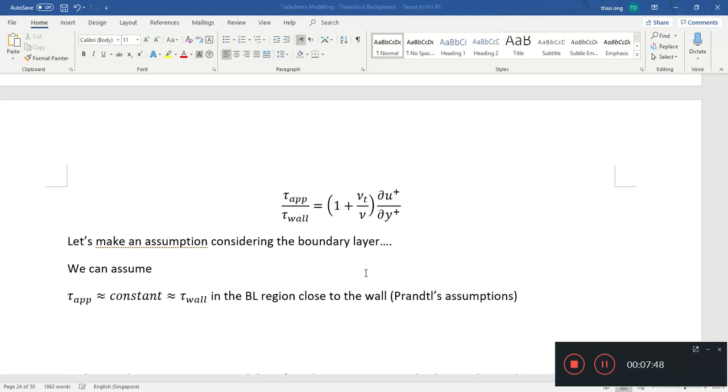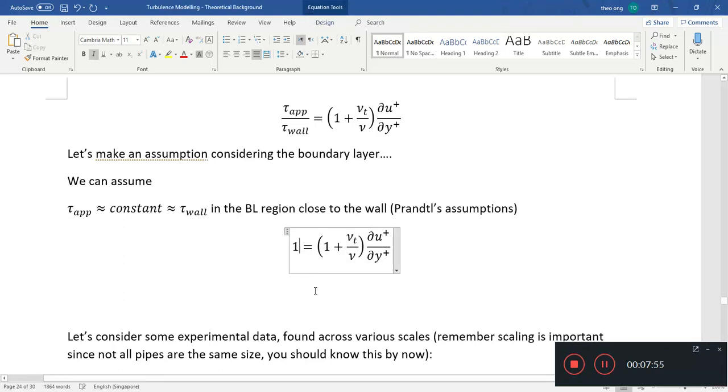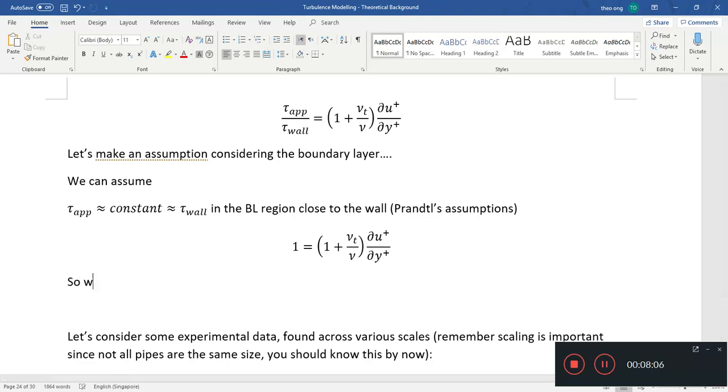Okay, so that makes things a lot easier. Makes the left side 1. And now, by and large, we can simplify this part as well. Okay, so we have a simpler kind of equation.